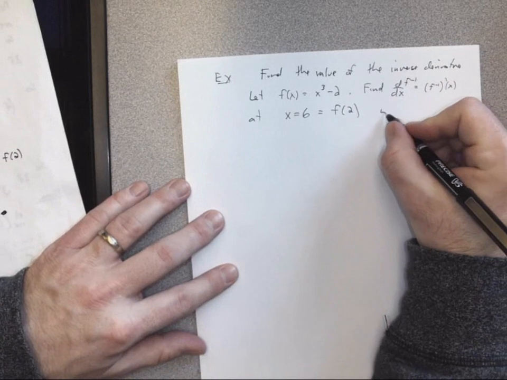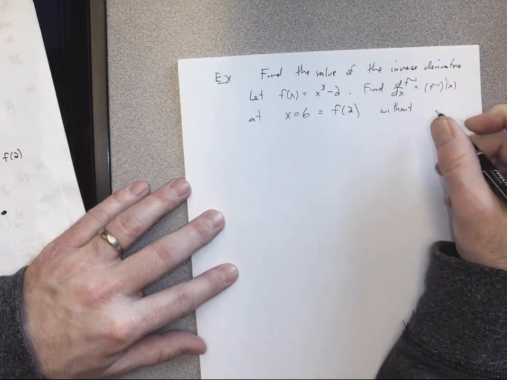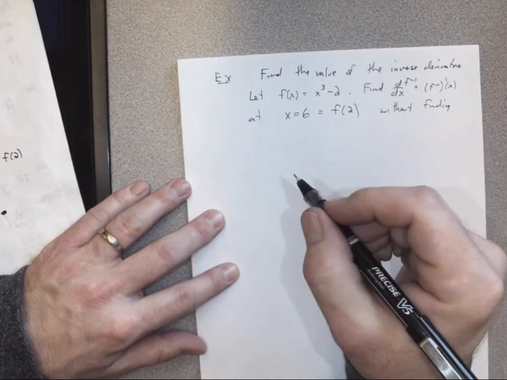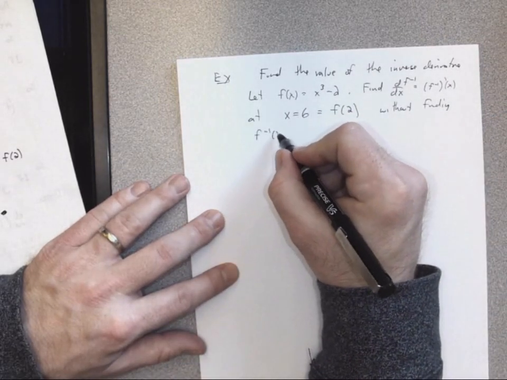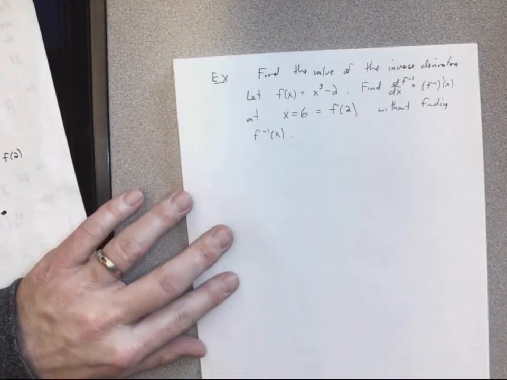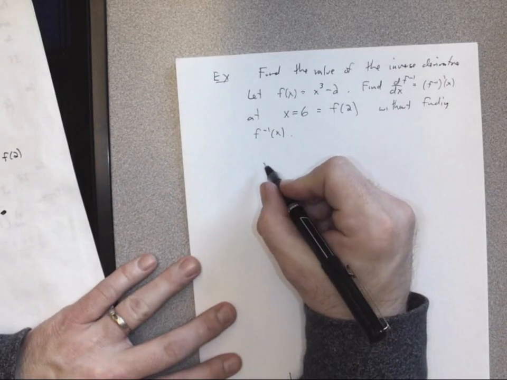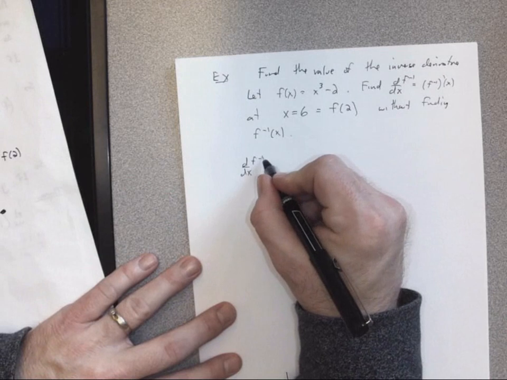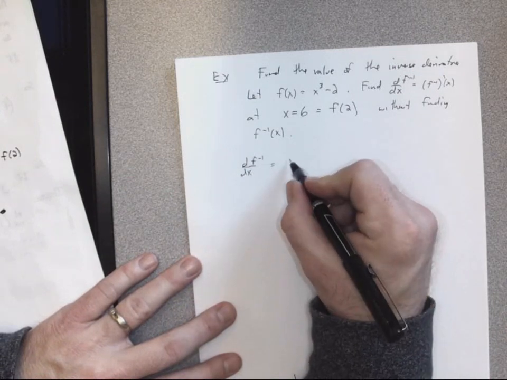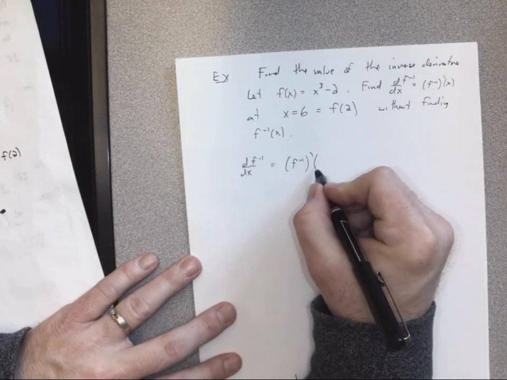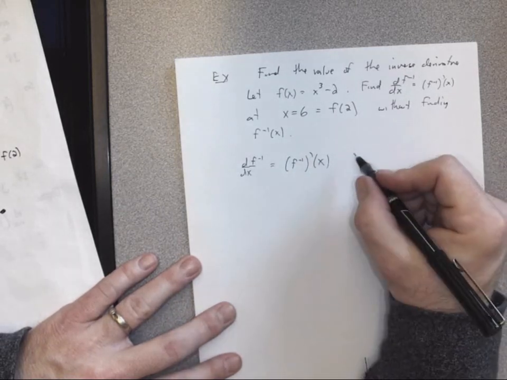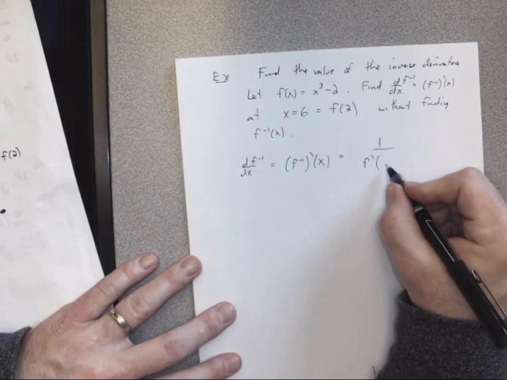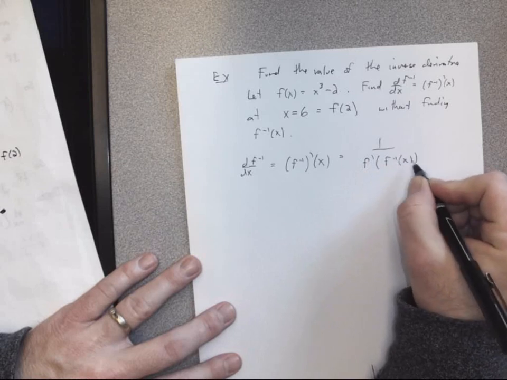So this is going to be without finding f inverse. All right, so what we know is that the derivative with respect to x of f inverse, which is the same thing as the derivative of f inverse, is going to be 1 over f prime of f inverse of x.